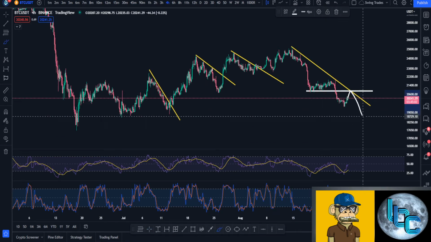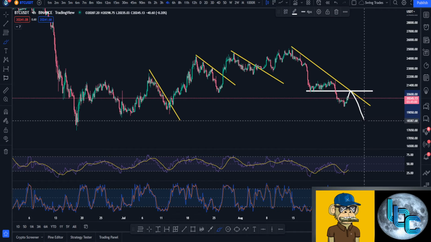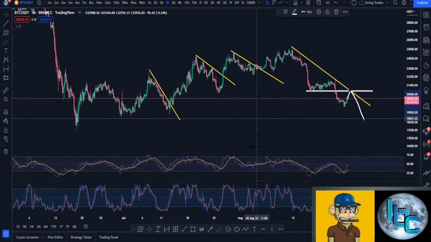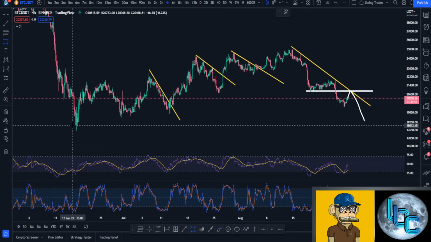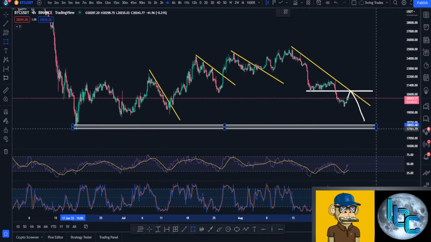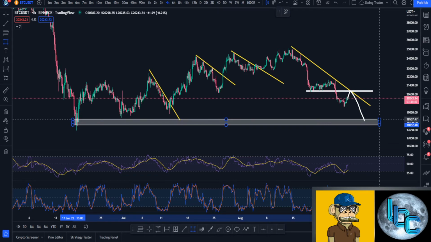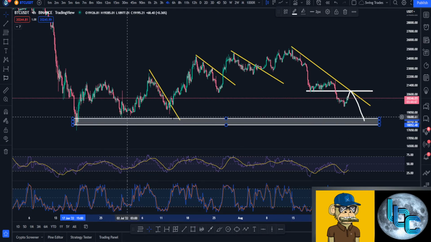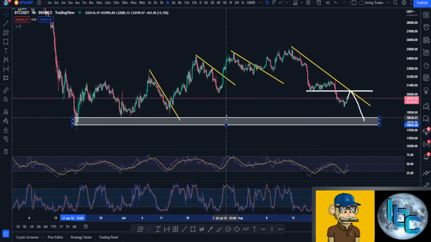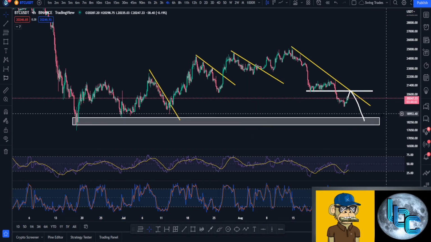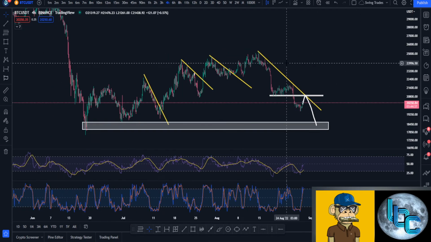And then maybe we come all the way down here, double bottom, if we go on a bigger time frame, but I'll show you. We got that low there, so we'll go there. Double bottom somewhere in there, and then start working our way back up.